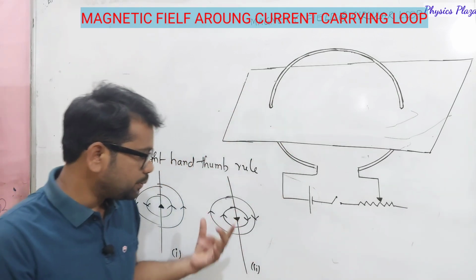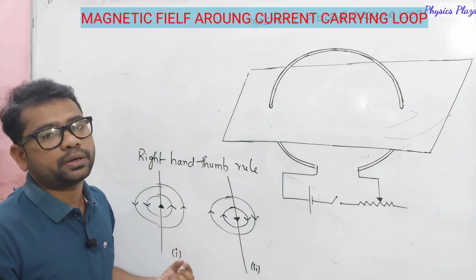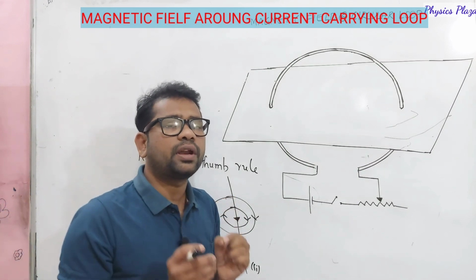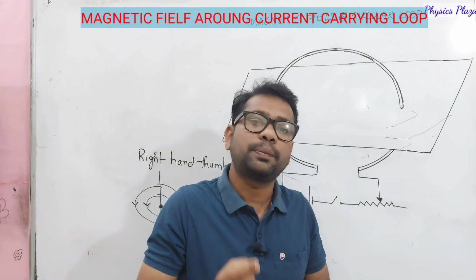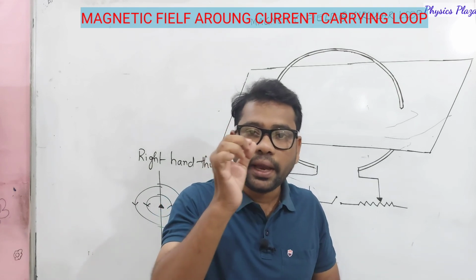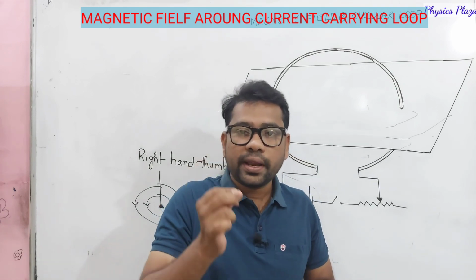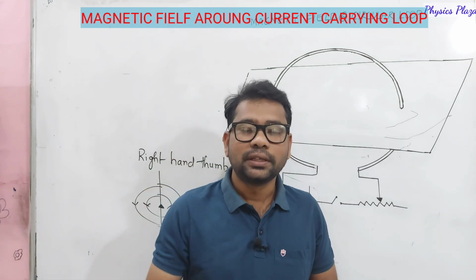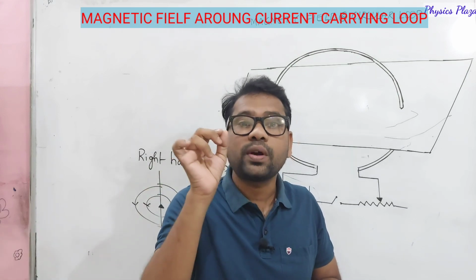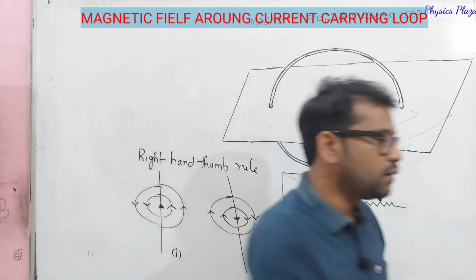Again I am telling you this is very important. The simple way to remember: when current is passing vertically upwards, perpendicular to the plane of the paper, the magnetic field will be anti-clockwise. Whereas if current is passing vertically downwards to the plane of the paper, then the magnetic field will be clockwise. That's it. Okay, fine.